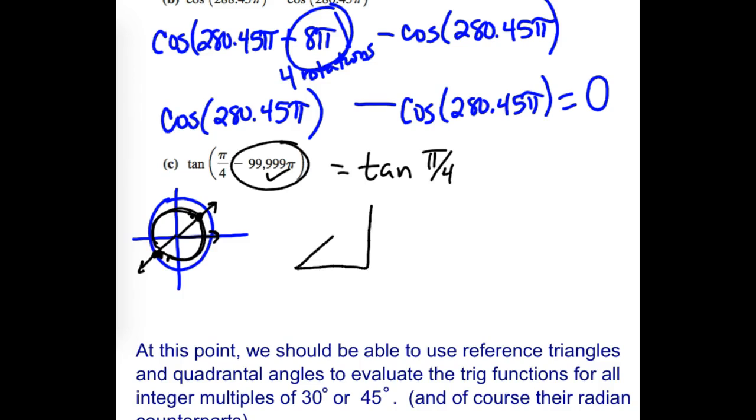That's a 45-90 triangle. Yes? What are my sides in a 45-90 triangle? Okay. So tangent would be what? 1 over 1. Okay. Questions about that? So you can use that idea of period to say these are really going to get me equivalent answers.